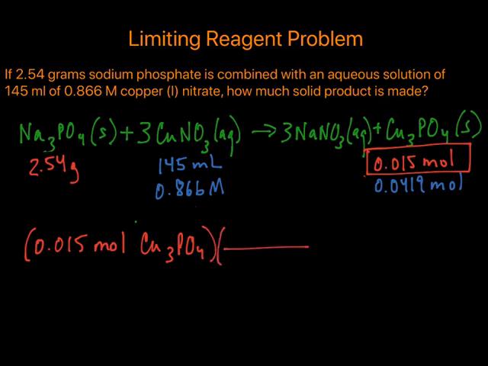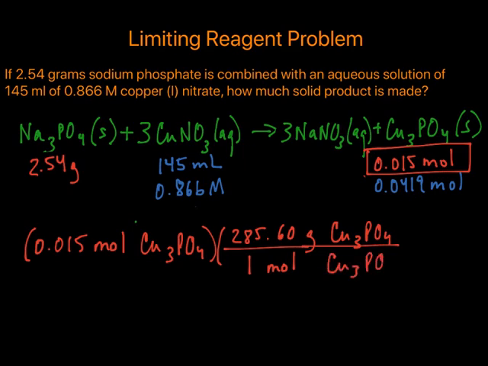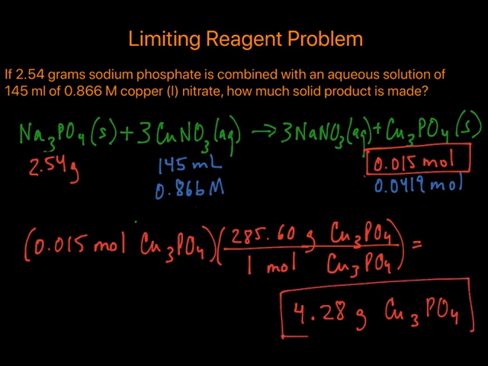We just multiply it by its molecular weight, 285.60 grams of copper phosphate for every mole of copper phosphate. And this gives us 4.28 grams of copper phosphate will be produced in this reaction. So this is our answer.